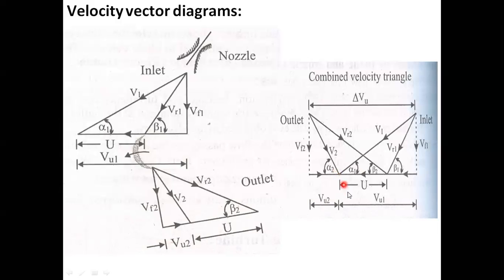That's the reason we have drawn a combined diagram with the common U. Here VF1 equals VF2, meaning this point is also at the same distance from the horizontal line. And VR1 equals VR2.